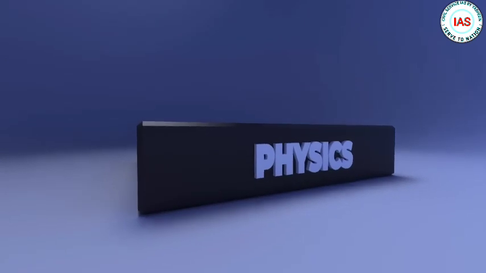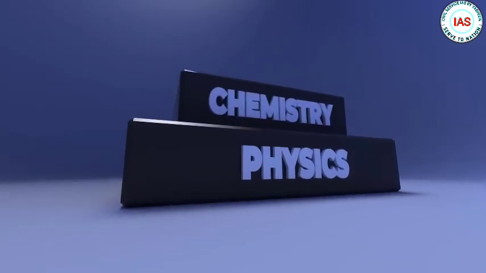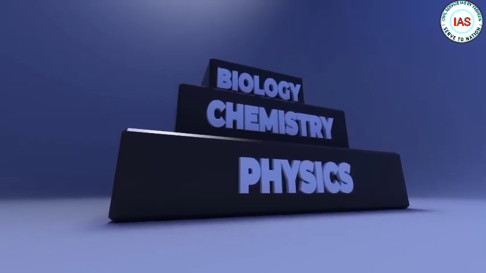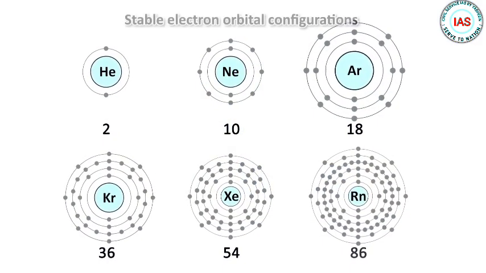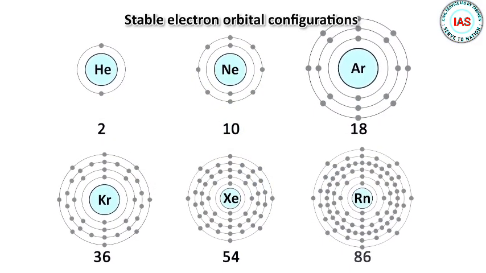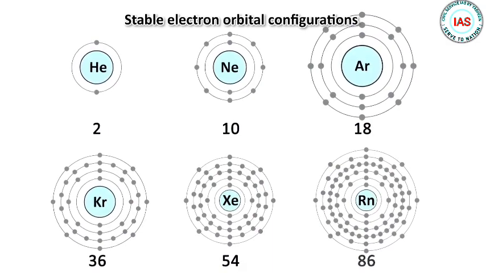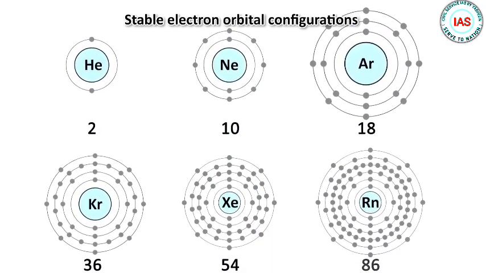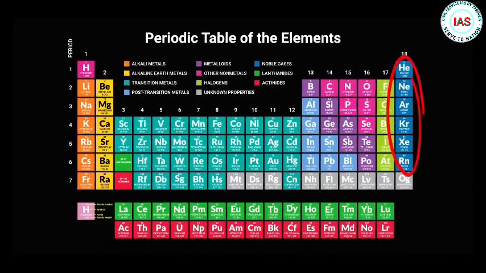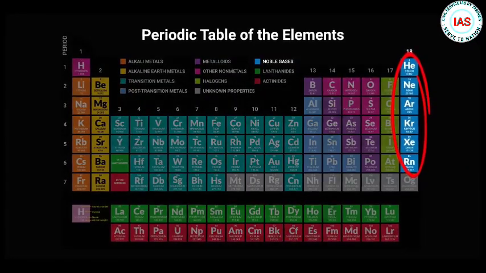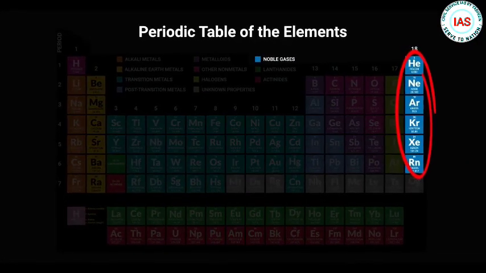To understand this, we have to look at the foundation of chemistry, which is physics, particularly quantum mechanics. Quantum mechanics tells us that some electron orbital configurations are more energetically favorable than others, making them more stable. And the most stable configuration of electrons are those of the noble gases on the far right side of the periodic table.